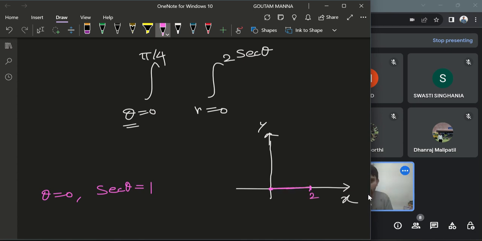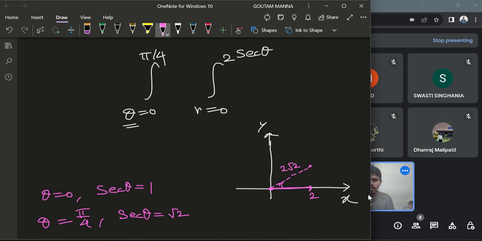And for theta equals pi by 4, which is the highest limit of theta, sec theta is root 2, so r will go from 0 to 2 root 2, this is the 2 root 2, right?